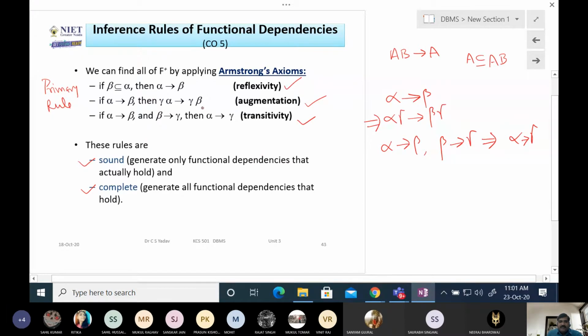And these three rules are complete and sound, and with the help of these rules we can derive next three rules, and that is called derived or secondary rule, in which union rule, decomposition rule, and pseudo transitivity rule.